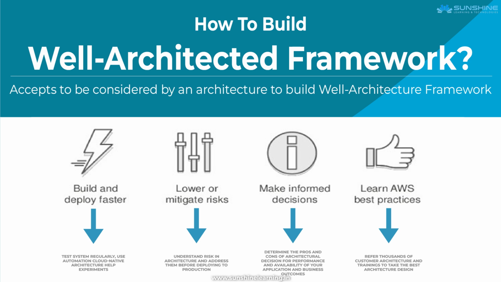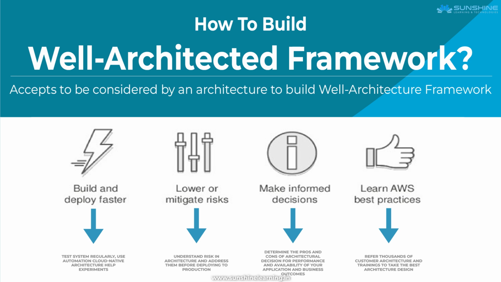Lower or mitigate the risk. Understand risk in the architecture and address it before deploying to production. So there has to be a thorough discussion, thorough brainstorming before deploying the architecture on AWS with respect to cost estimate, any gaps in the solution, and how the maintenance and monitoring of that solution is going to be.